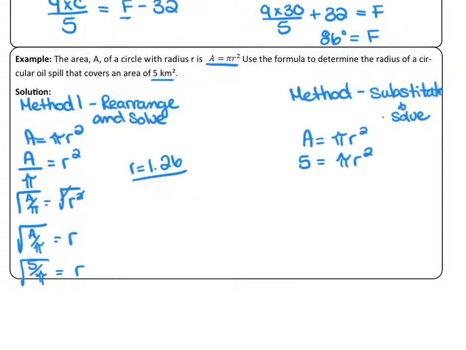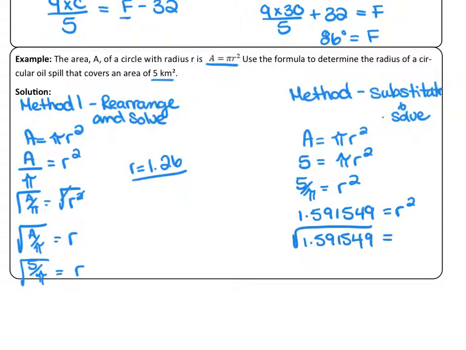I still want to get that r by itself, so 5 divided by pi, and I will calculate that. 5 divided by pi, 1.591549 equals r squared, and then I'll take the square root of it. Which gives me 1.26. So you still get the same answer. It's just done a little bit differently.